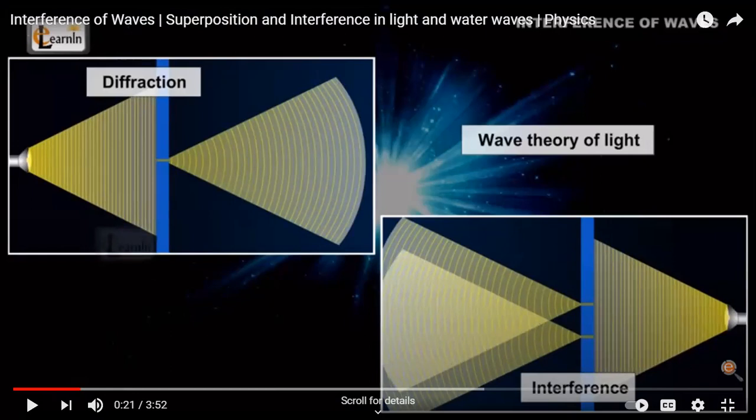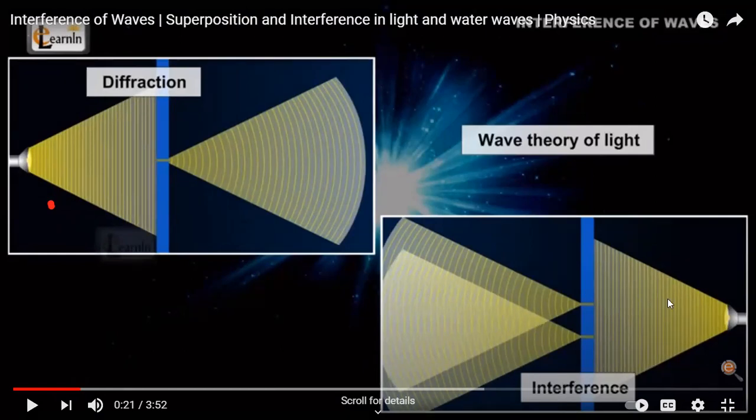Here you have the interference diagram, and here you have the diffraction diagram. Both interference and diffraction phenomena can be explained with the help of the wave theory of light. They successfully explained it. Theoretical as well as experimental support is also there.